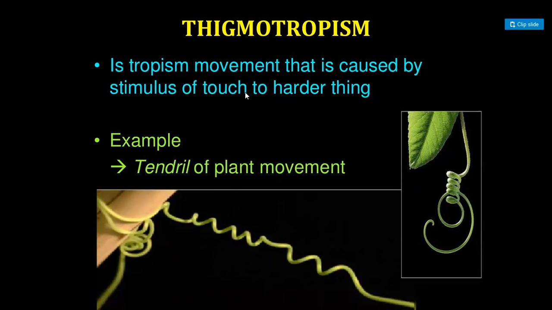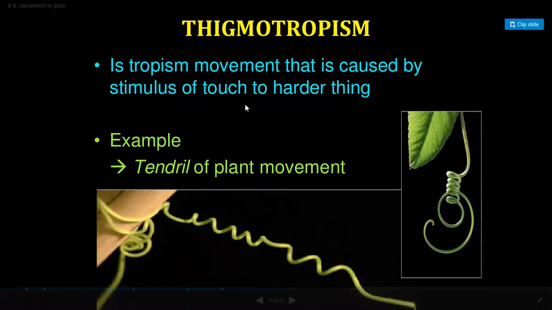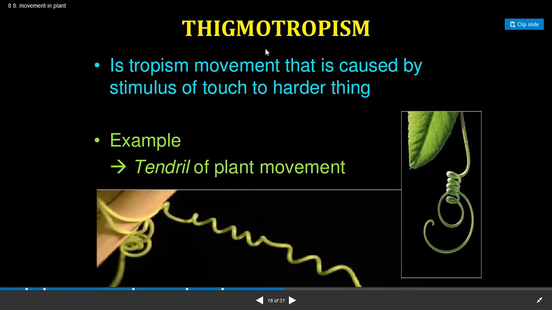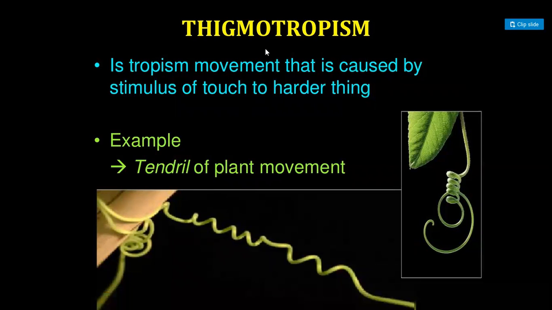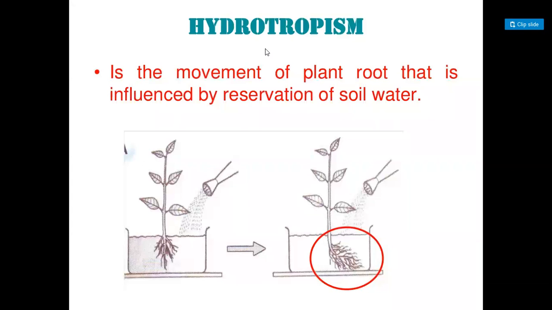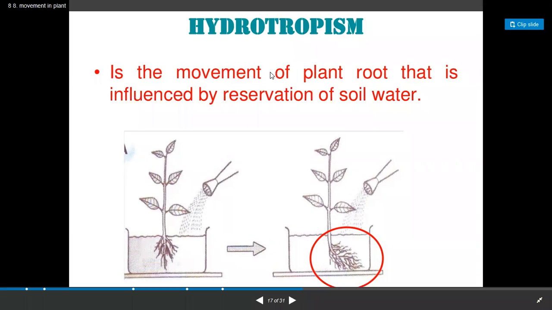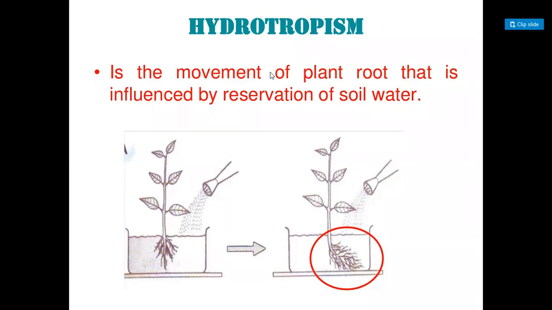For example, the movement of twiners and tendrils is called thigmotropism. The climbers' movement is thigmotropism. Then hydrotropism is the movement of plant roots influenced by the availability of soil water. The movement of plant parts towards water is known as hydrotropism.